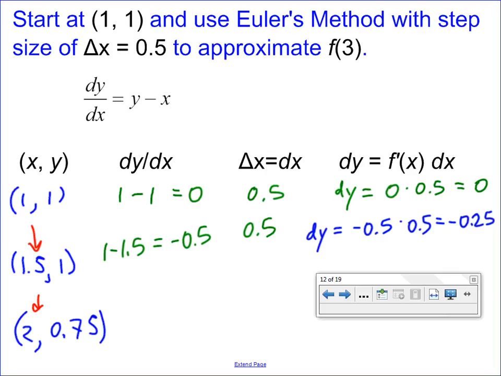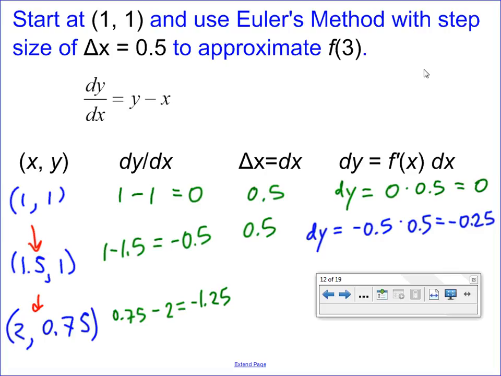All right. So we're seeing now the iterative process. We'll continue making calculations using my anticipated point. Now my new instantaneous rate of change is given by y-coordinate 0.75 minus x-coordinate 2, which produces negative 1.25. I'm about to go to my calculator now.